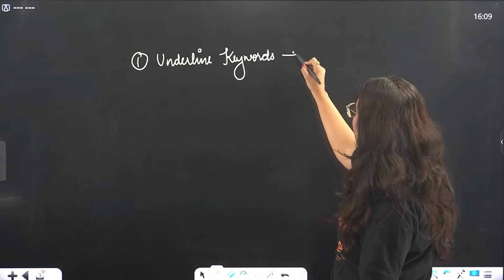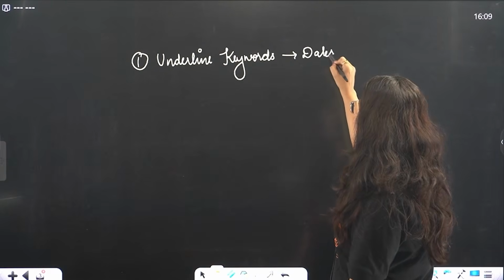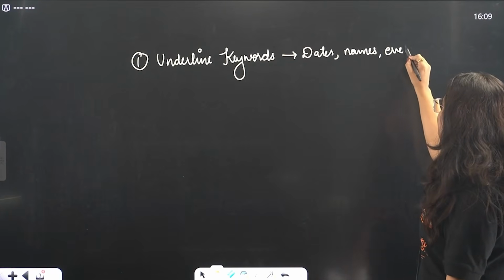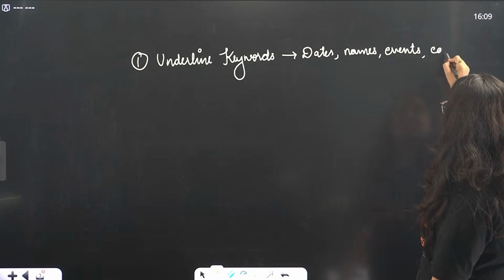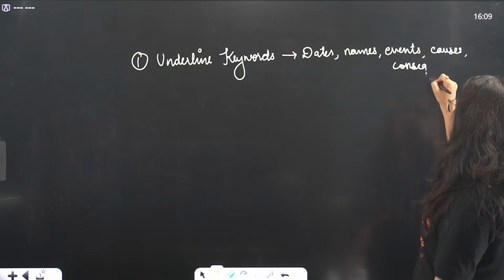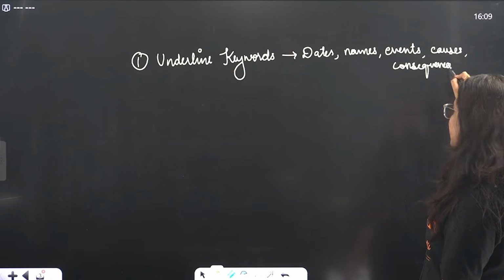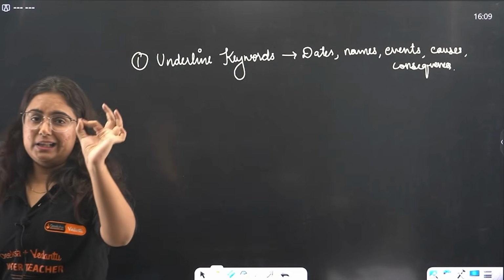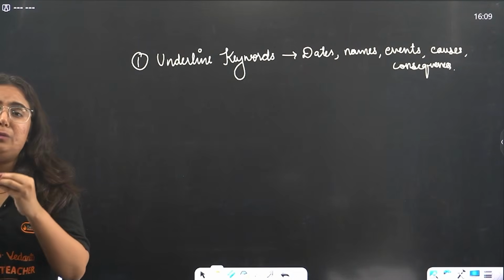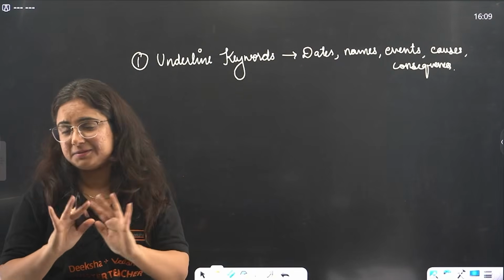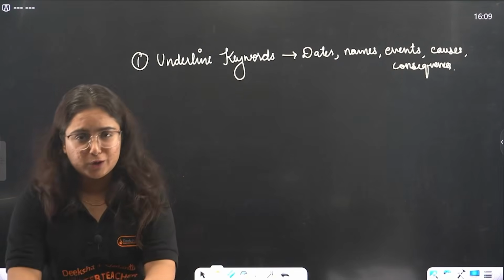Basically keywords are either dates, okay, or the names of any important personalities, or the events or the causes of the events or the consequences of the same. These are keywords basically. Okay, when you are reading NCERT beta, underline keywords. Don't feel that I will be the student who will keep the NCERT very clean, bright. No one is going to give you a reward for that.